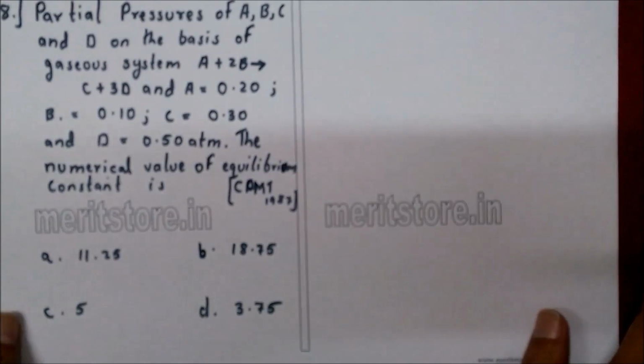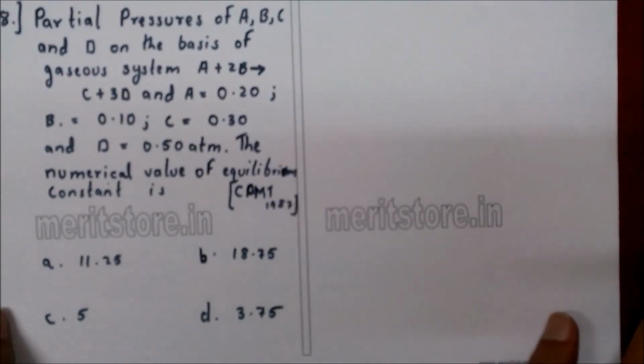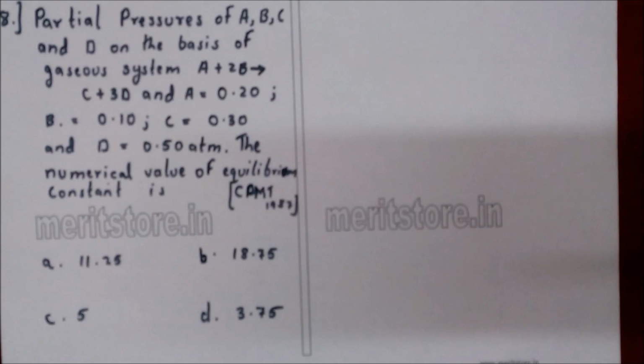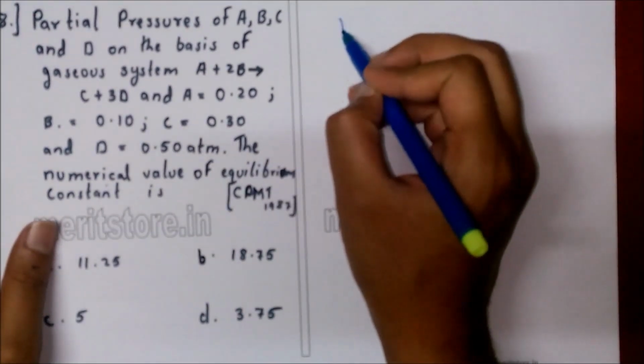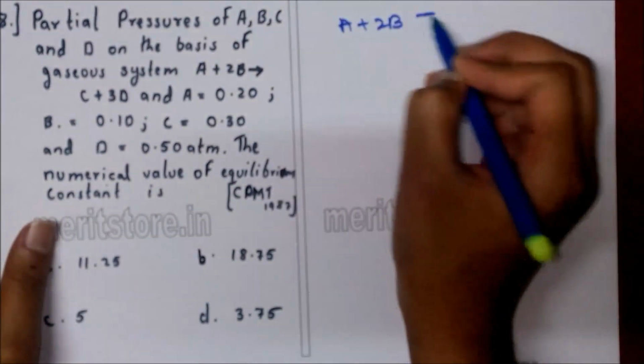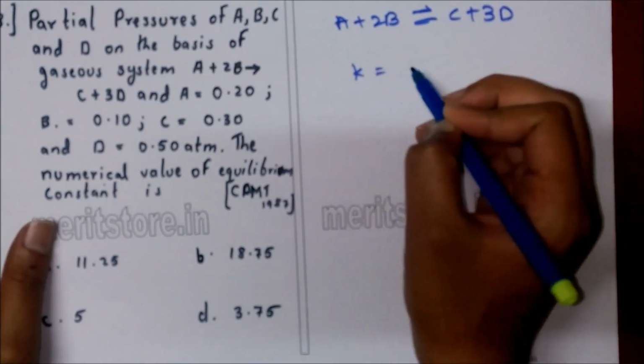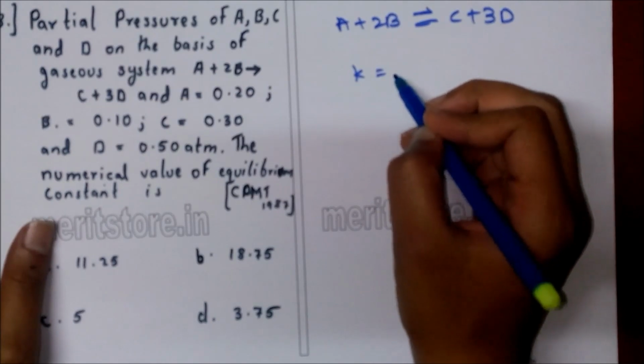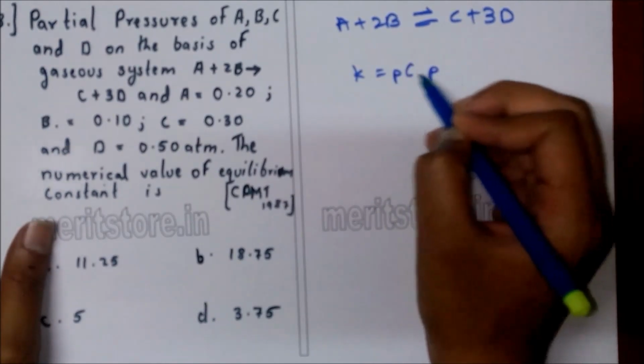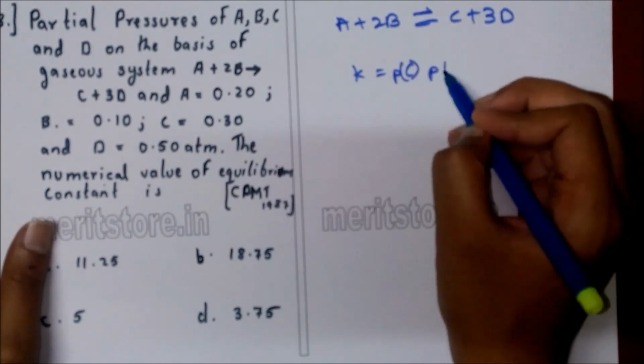Partial pressures of A, B, C and D in the gaseous system A plus 2B gives C plus 3D are: A is equal to 0.2, B equal to 0.1, C equal to 0.3 and D equal to 0.5. The numerical value of the equilibrium constant is? So the given reaction is A plus 2B gives C plus 3D. K is equal to PC times PD cubed, upon PA times PB squared, where P is the partial pressure.